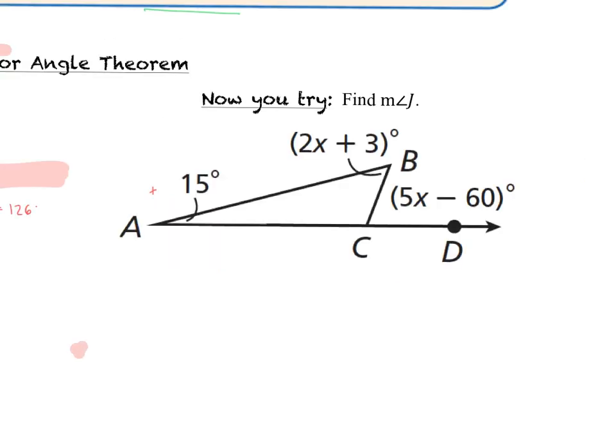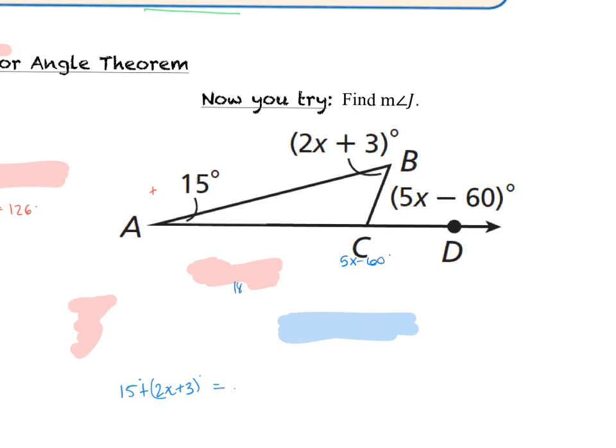Okay, in this example, my angle 15 degrees and the 2x plus 3 degrees are my remote interior angles. My exterior angle is 5x minus 60. Therefore, I'm adding my remote interior angles, setting them equal to the exterior angle, 5x minus 60 degrees.